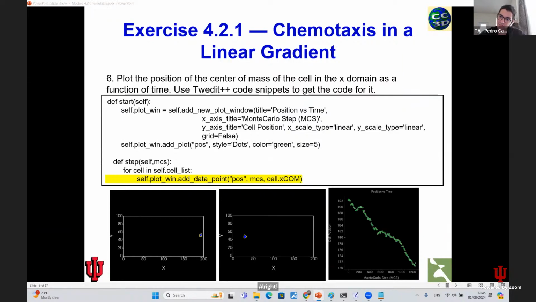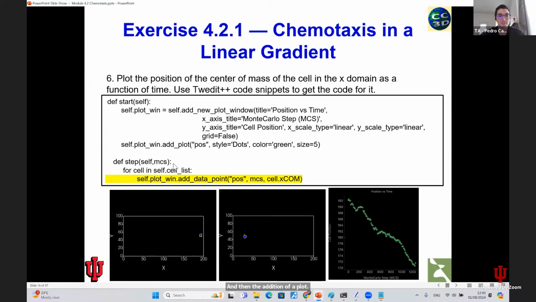All right, so now we're going to build a plot. Use the code snippets to build a plot, and what you want to do is plot the X position of the cell with respect to time. In the start function, you should have these settings: the acquisition of the plot window object, and then the addition of a plot to that plot window.